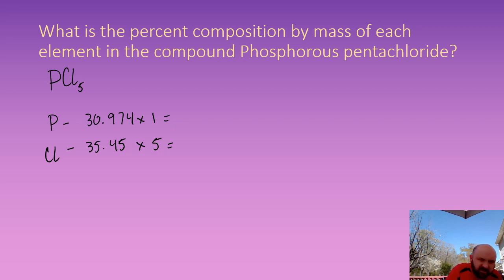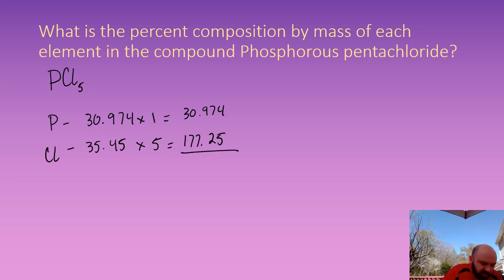So if we take phosphorus, multiply it by 1, we can see that we have a total of 30.974 atomic mass units of phosphorus in our molecule. Multiplying the 35.45 times 5 atoms of chlorine tells us that there is 177.25 atomic mass units of chlorine in our molecule.